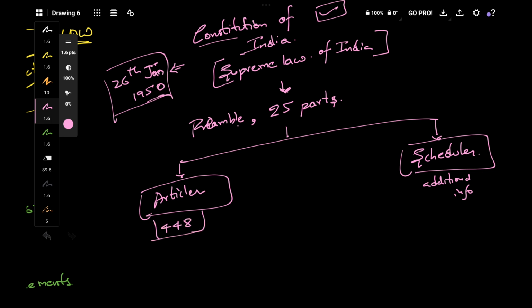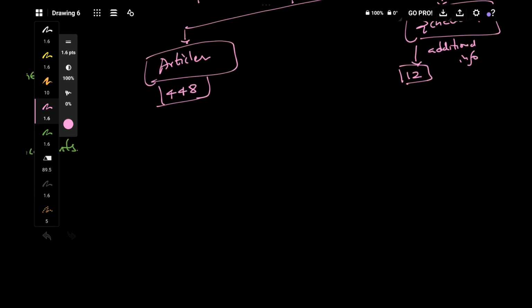Don't take these figures into mind. These figures are tentative, they frequently change. We have 12 schedules again. In this, article number 246 and schedule number 7, the seventh schedule.